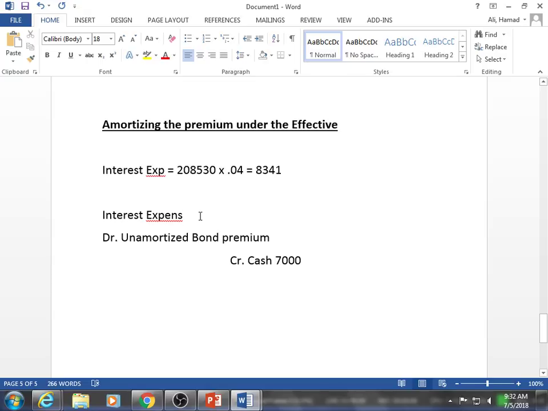8,340. So the difference between the 7,000 and interest expense. The cash is still 7,000, correct? Yes, sir. And the interest expense is 8,341.